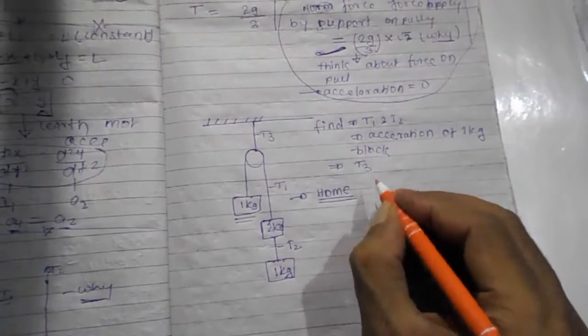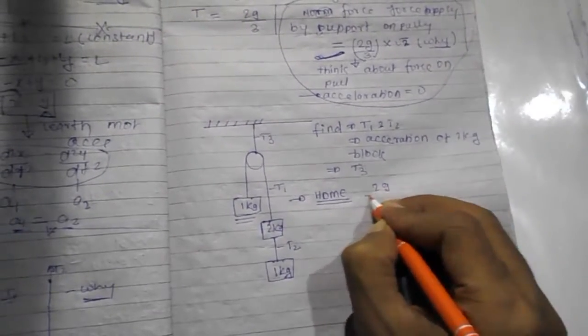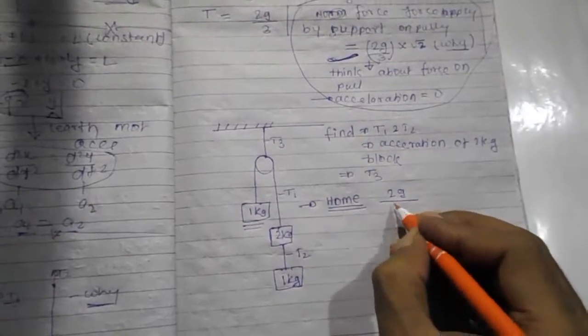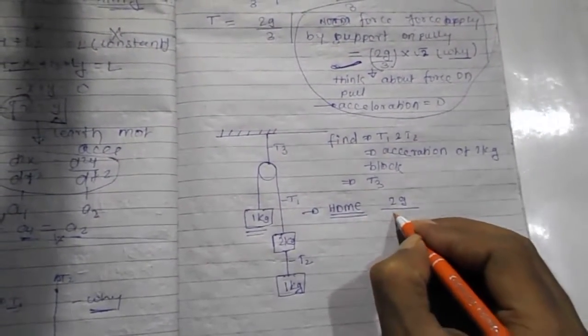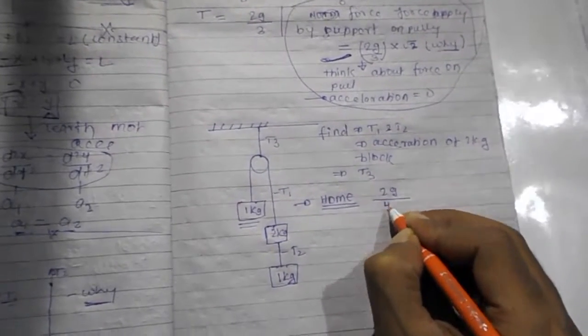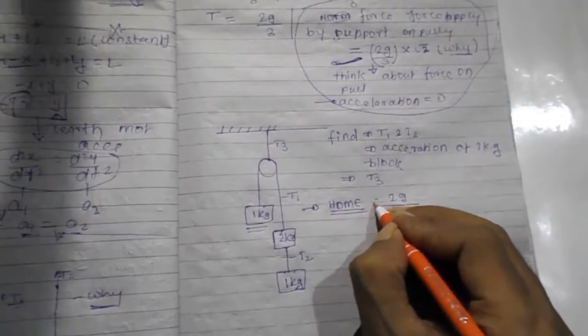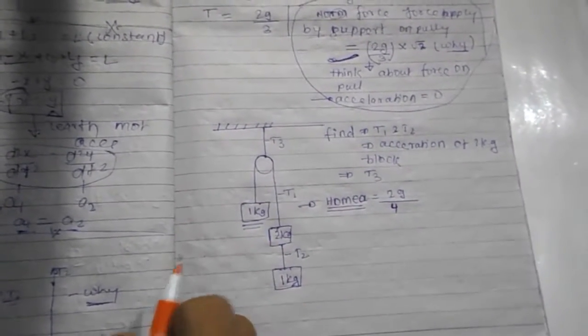The answer is 2g divided by 4, which is equal to the acceleration of the 2 kg block.